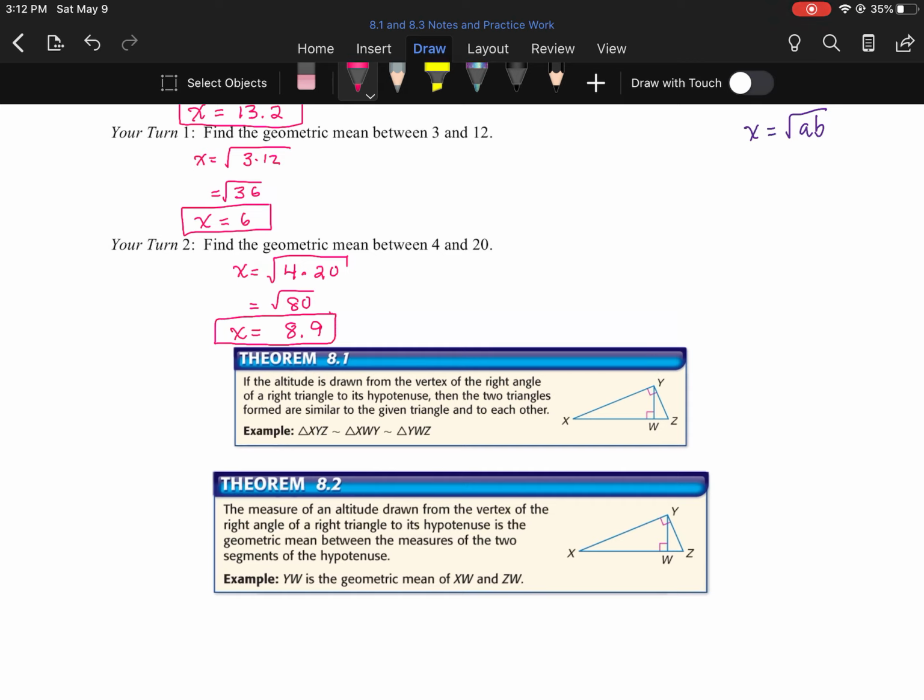All right, so you can see for the first your turn, we got X is 6, and for the second, we got 8.9.